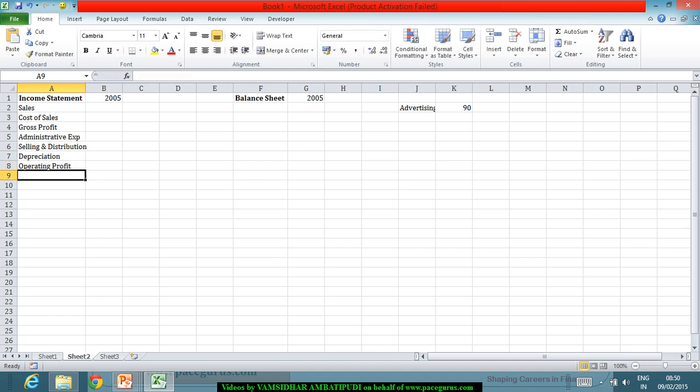And from here, other income, which is from non-operations kind of stuff. And I'm removing the interests, which are the finance costs. And from here, what we are going to get is the earnings before tax.